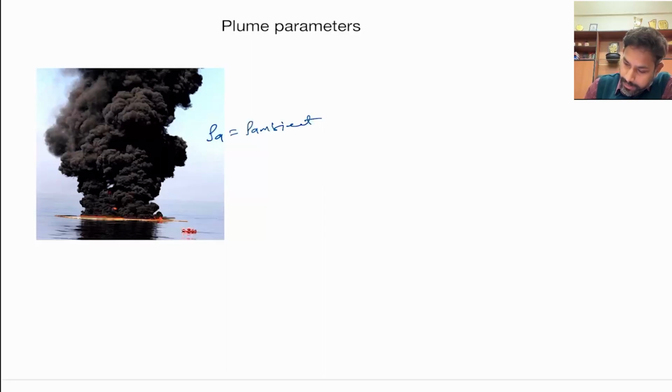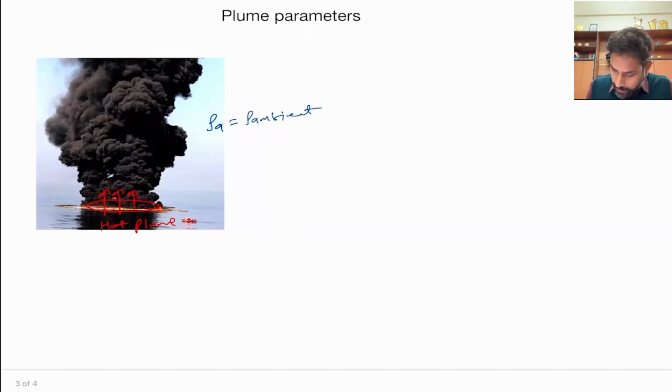Now there is the hot plume that is coming from here. It is hot, and that is why it has lighter density. It has a density smaller than the ambient, or smaller than rho A. So let's call it rho naught, which is smaller than rho A.